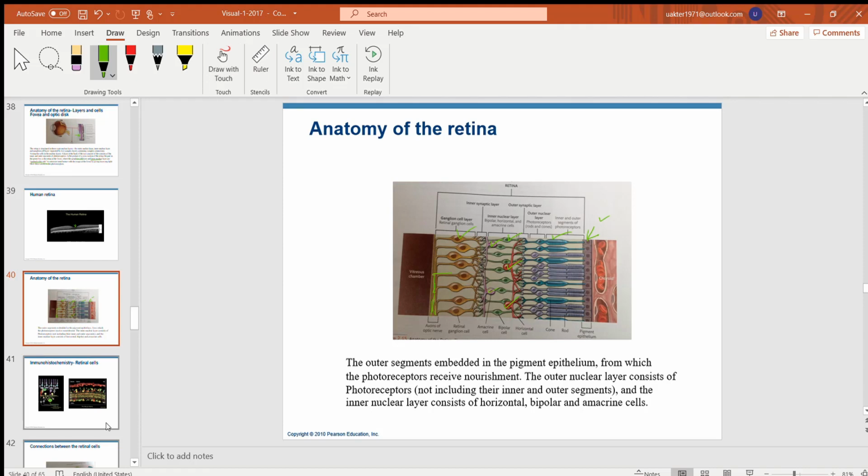Now we will talk about different types of ganglion cells. These are the ganglion cells, you know that, right? And ganglion cells could be of different types. We classify the ganglion cells based on size and connectivity.